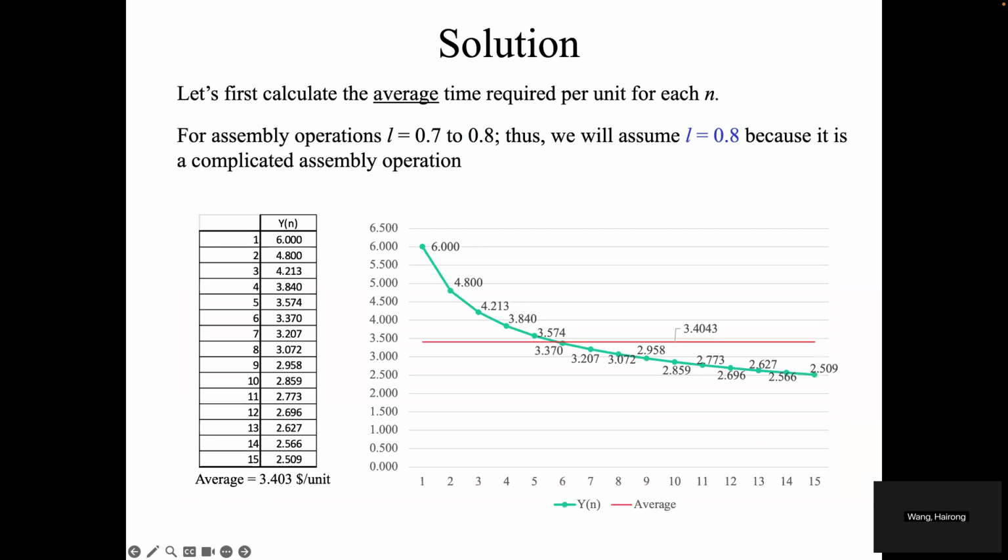You may wonder how these are calculated. If we do not consider the learning rate, which means we assume the average time required for each unit will not change as the number of units produced increases, then we assume we need 6 time units for each unit when we try to produce 15 units. Then the total time required equals 6 times 15, which equals 90.